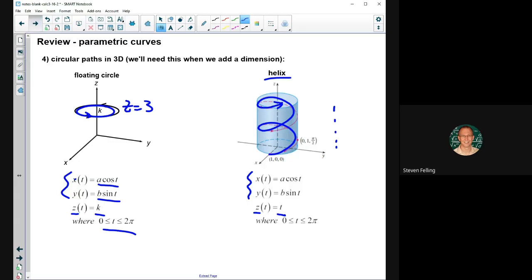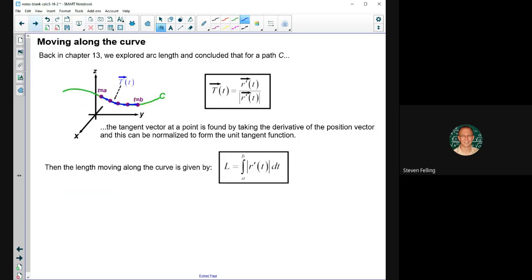All right, so one more thing before we actually talk about the setup for the line integral itself. It's based on arc length. Back in chapter 13, we explored arc length, and we concluded that if we wanted the length along some space curve C, from parameter t equals a to parameter t equals b, we can always find the tangent vector.